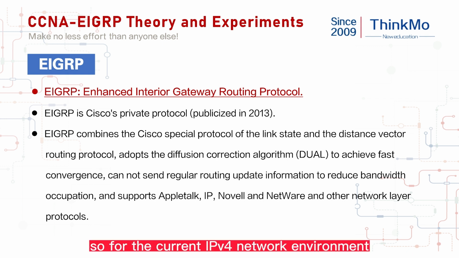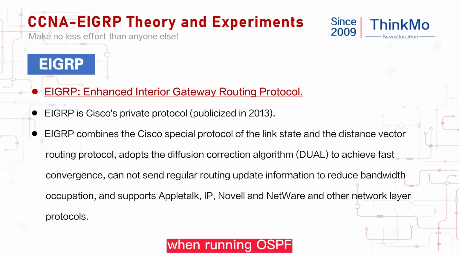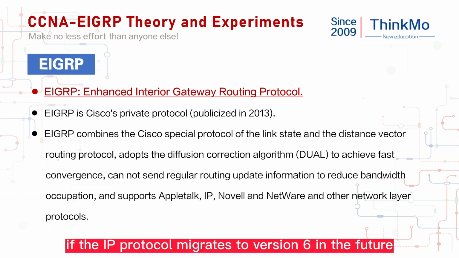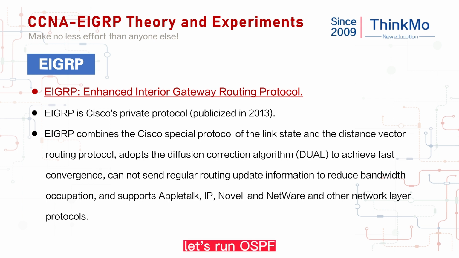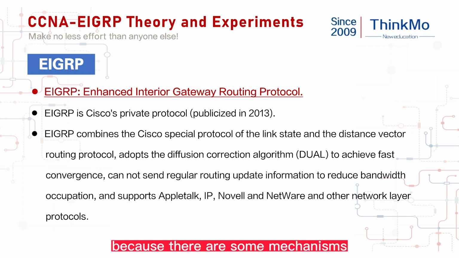So for the current IPv4 network environment, when running OSPF, version 2 is used. If the IP protocol migrates to version 6 in the future, we run version 3 of OSPF, because some mechanisms in version 2 and version 3 are different.